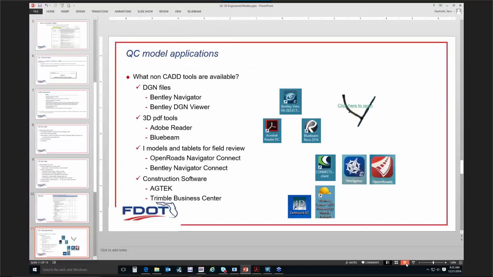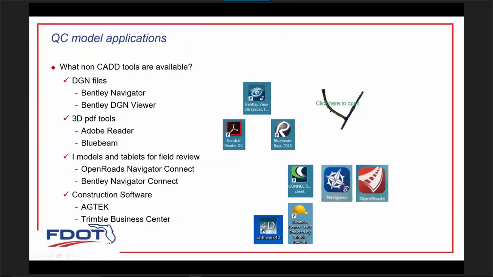And then there are other tools out here. So I showed you Bentley View. I talked about Adobe Acrobat and Bluebeam. Both Autodesk and Bentley are delivering these web-enabled viewers so that you can publish models to the cloud and then actually have a lower-end computer like a tablet, iPad, or a Surface, or I don't know if Surface is really low-end anymore, but iPads and some of these Android devices will now let you view a produced model of your model, if you will.